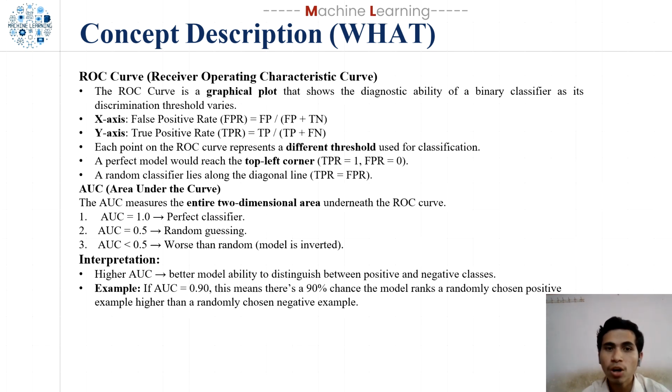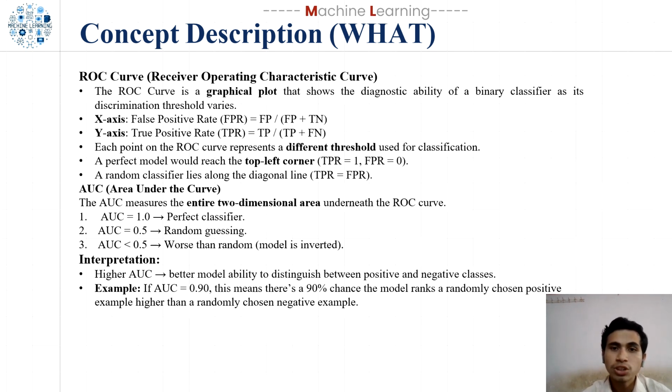The perfect model is a curve which reaches the top left corner, where the true positive rate is 1 and the false positive rate is 0. The random model is the diagonal line ranging from the coordinates (0, 0) to (1, 1), with values ranging from 0 to 1.